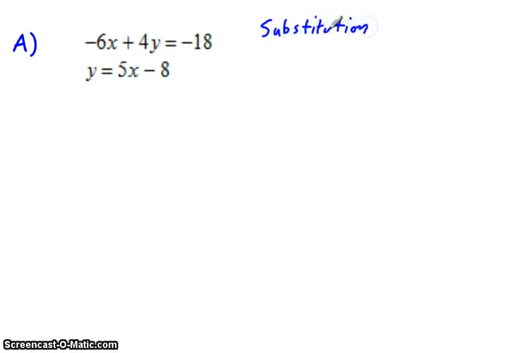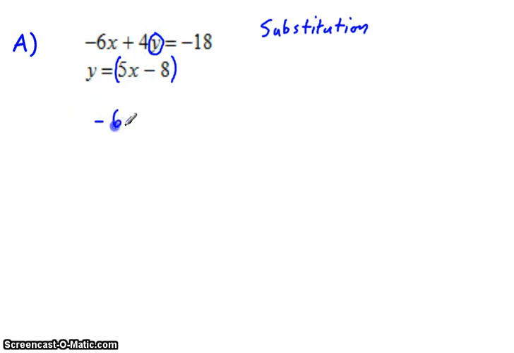I don't have to rearrange the formulas or anything. So I'm going to solve this by substitution because the y is already solved for, it's isolated already. So this y equals 5x minus 8. What I'm going to do is substitute 5x minus 8 into the first equation wherever I see a y, which is right here. So let's do this.